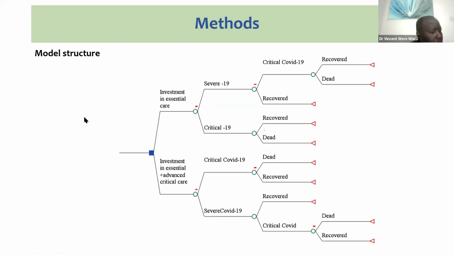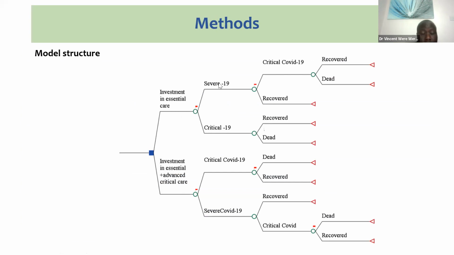What you really need, if you look at this model, is to know, for instance, for the first part up here, what is the total number of patients on the first branch? So you need to know the percentage of patients who have severe COVID.